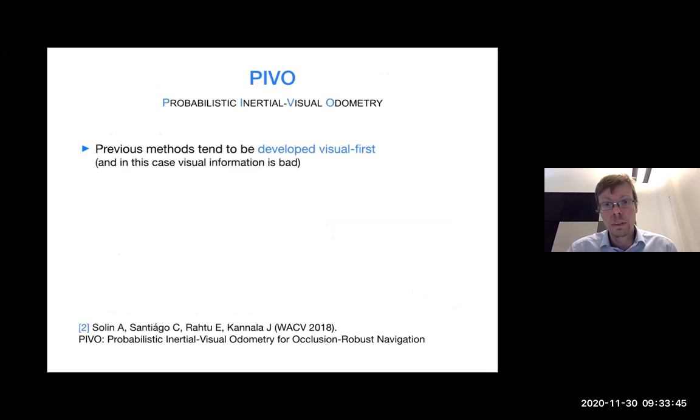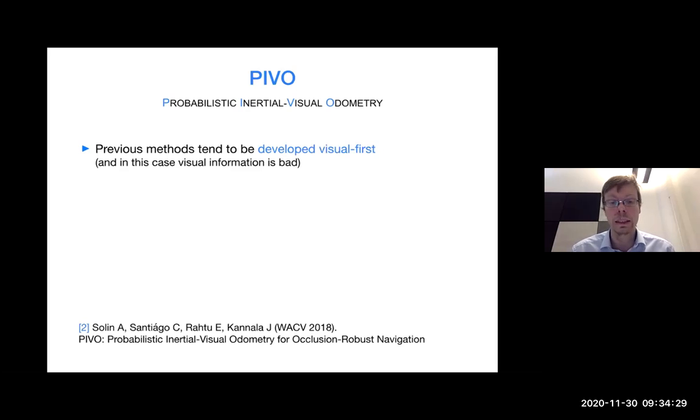So the approach that we have developed, we have named it probabilistic inertial visual odometry. Here we don't talk about visual inertial odometry, which is the most common term. We have switched the order of these words, so we talk about inertial visual odometry, and this is because we build upon this kind of classical inertial navigation approach, whereas previous methods for visual inertial odometry have been more like visual first methods, where they have been built on pure visual odometry.